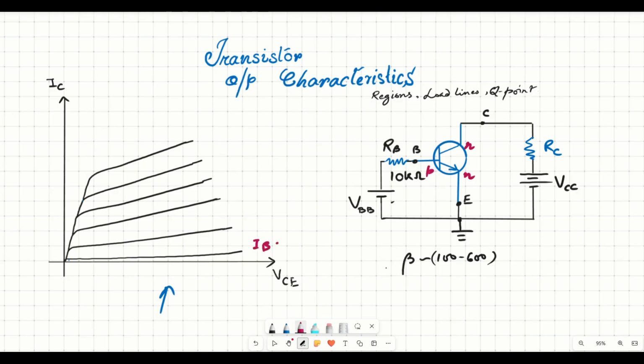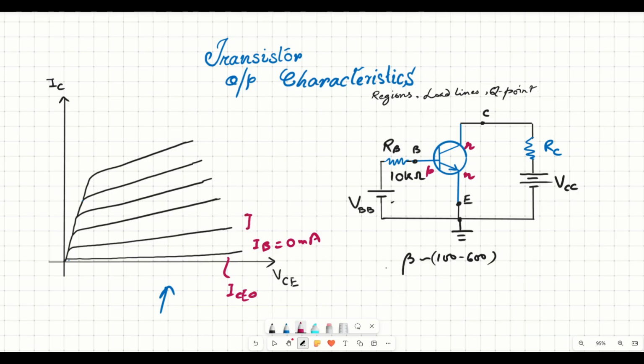Suppose we consider IB equals 0 milliampere. This is the output, and here the current is almost 0. The little amount of current that is flowing is due to the reverse saturation current, that is ICO. In our case, in common emitter, we call it ICEO, correct?